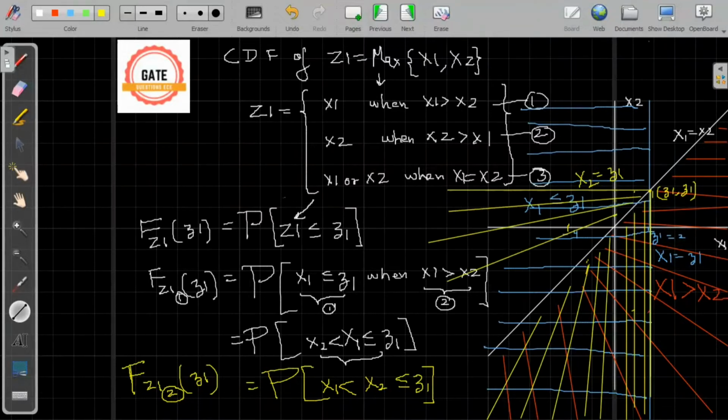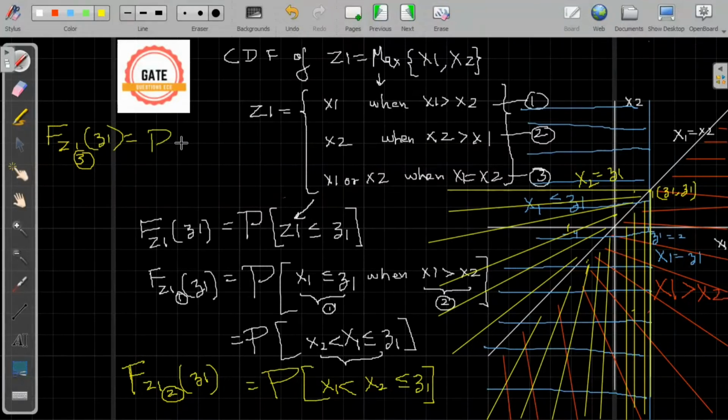So finally I will draw the probability for the third case. So it is the CDF for the third case. We can write the probability that x1 or x2, any, is less than or equal to z1 when x1 is equal to x2.